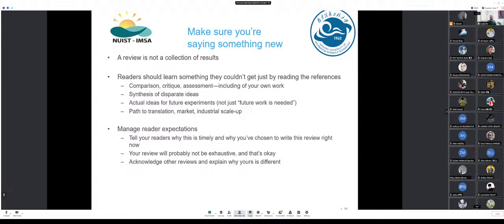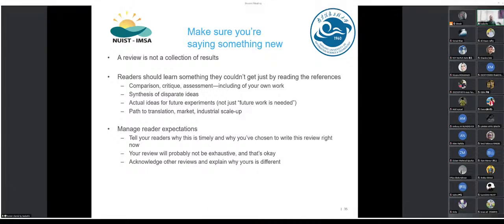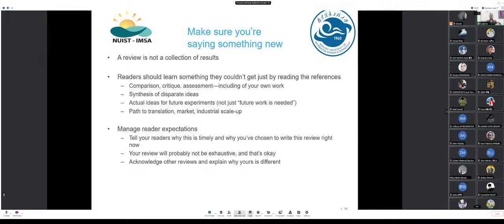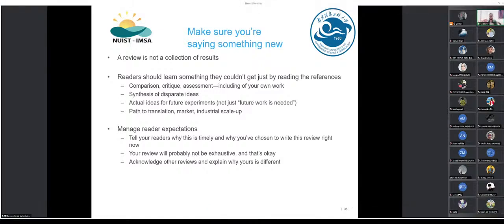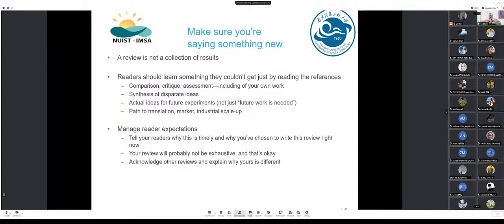The most important thing in this slide is that it should not be exhaustive. It should not be very lengthy. It should be short and precise. Whenever you write, you should write it short. You should not use very big scientific words, what we call scientific jargon.